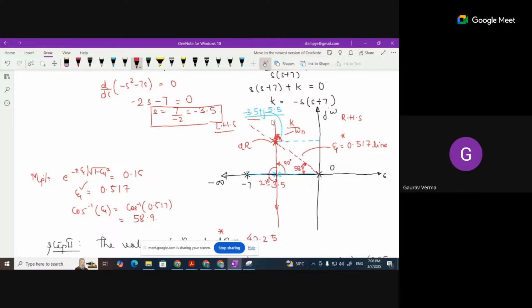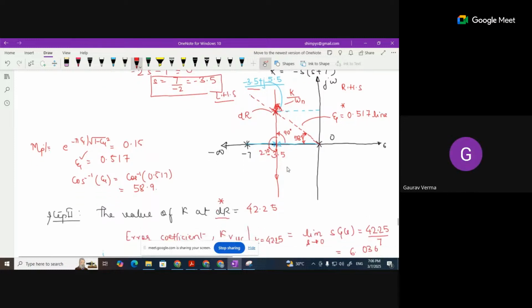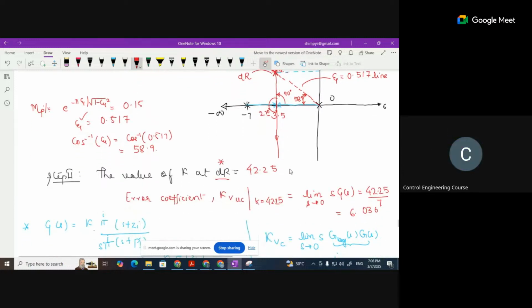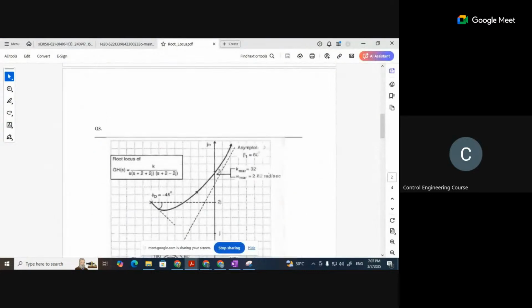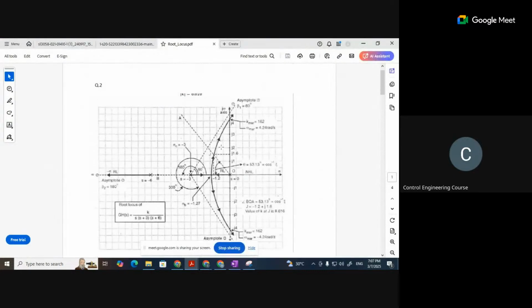Okay. And then we have substituted this value of pole, the s value, in our G(s) function, or characteristic equation, to find out the value of k. As you can see here also, this is how we find out the value of k. I've told it in the previous class, Gaurav, how to get it, where it cuts that way.